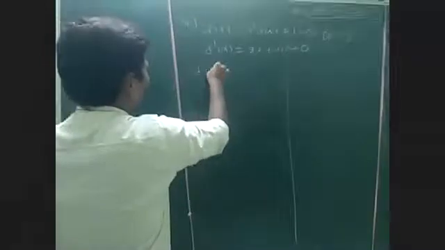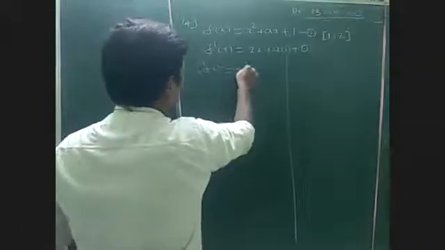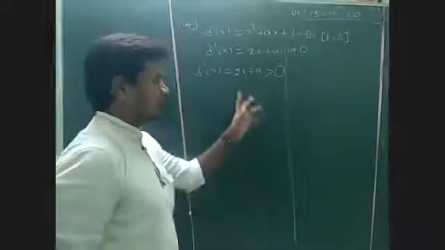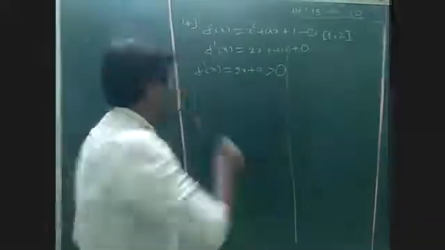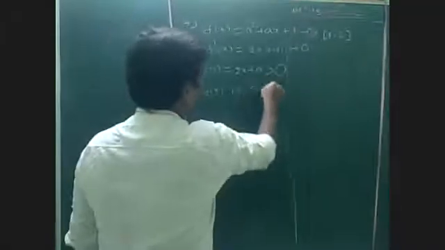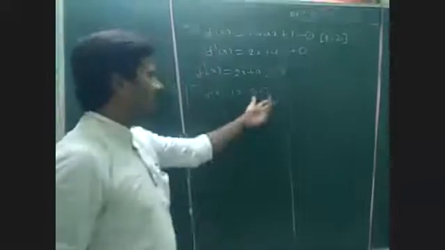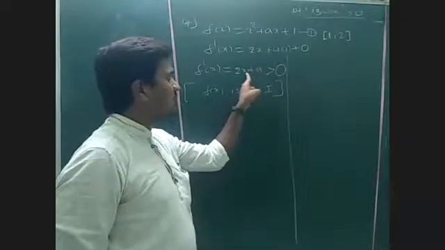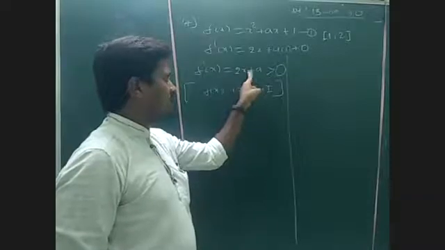So f dash of x is equal to 2x plus a, which should be greater than 0 since f of x is strictly increasing. Whenever strictly increasing, we take greater than 0.